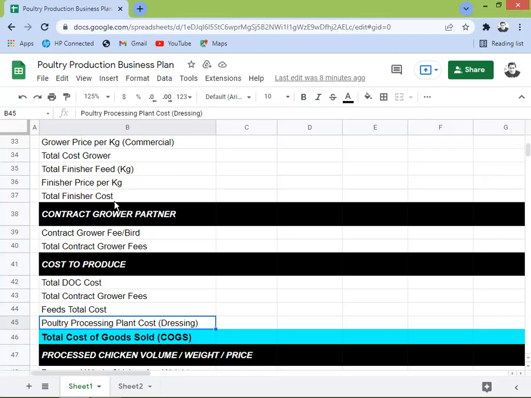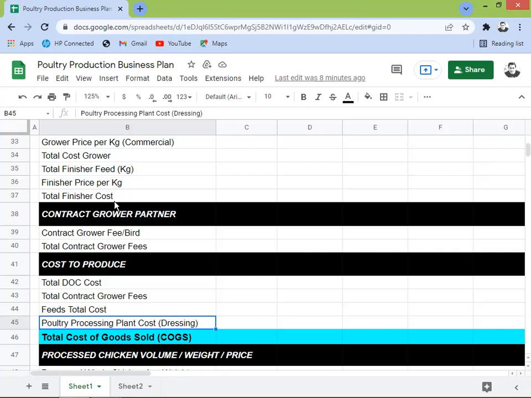You're cutting off the feet, cutting off the head of the chicken, removing all the internal organs, and you come up with what they call the whole chicken, which we're going to sell to the market, to the supermarket, to the hotel, restaurant, and public markets.